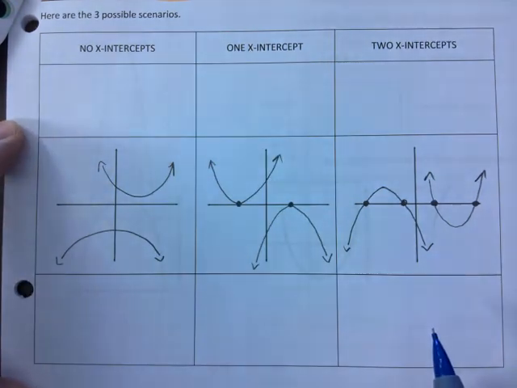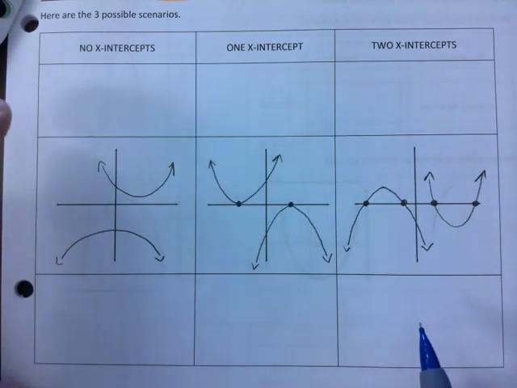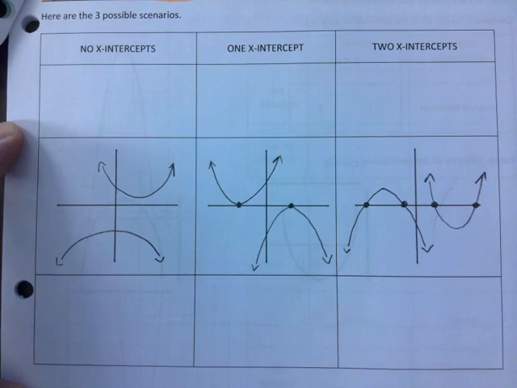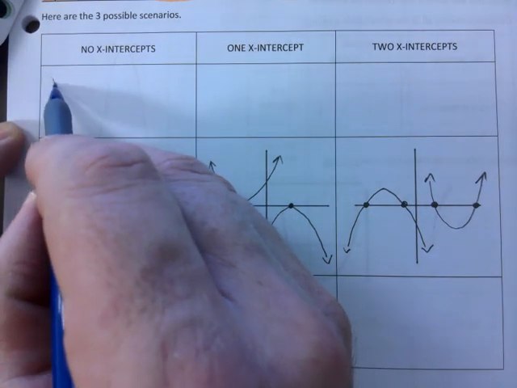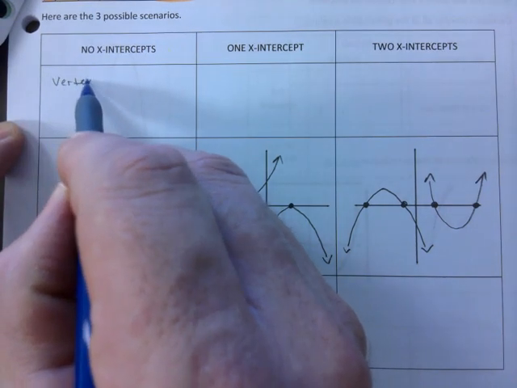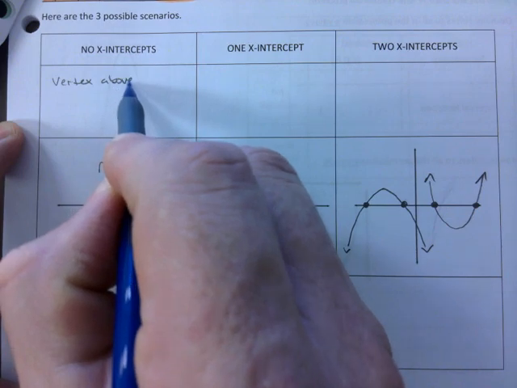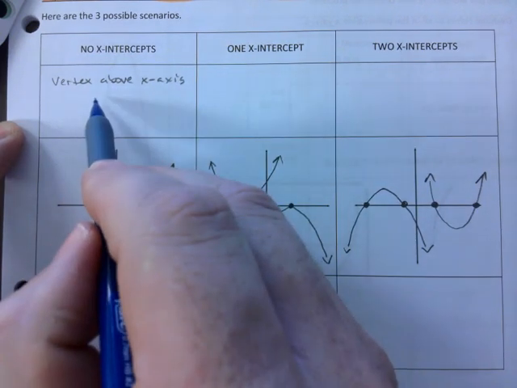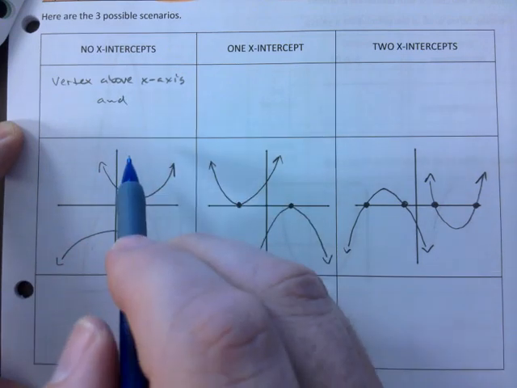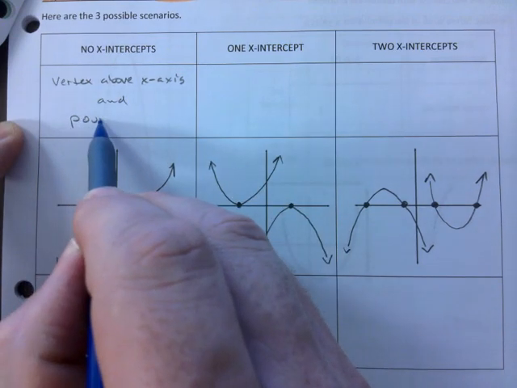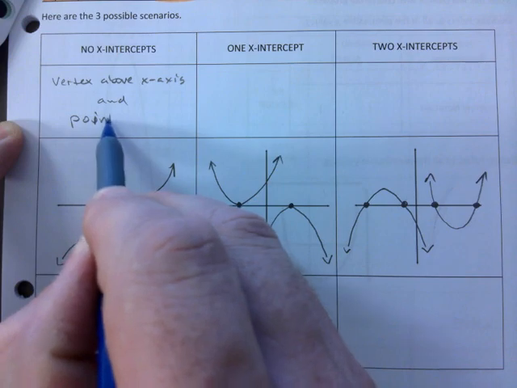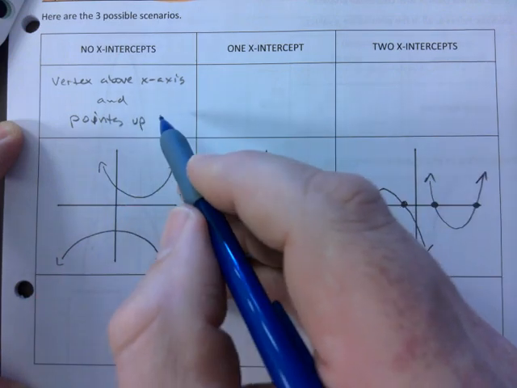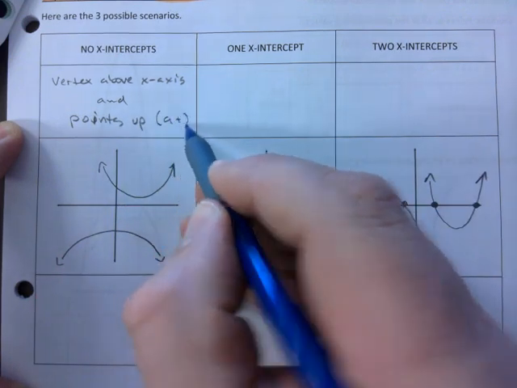And so I will give you some explanations here. So you either have vertex above x-axis and points up. In that case, A is positive.